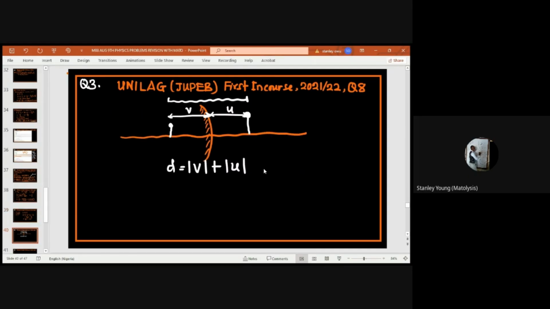So the absolute value of negative 7.5 is simply 7.5, and the absolute value of 30 is still 30, giving us the distance between the object and the image to be 37.5 centimeters.